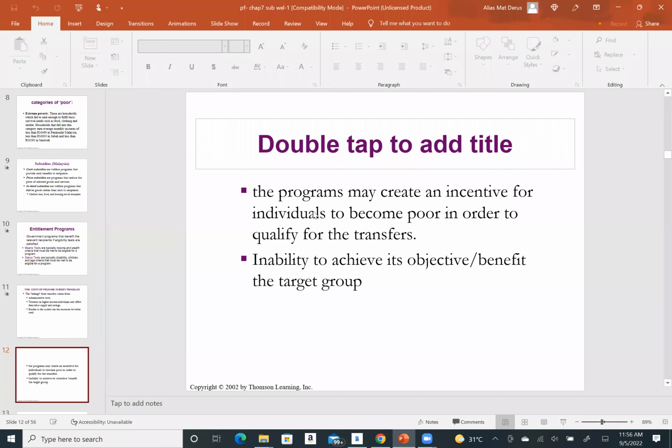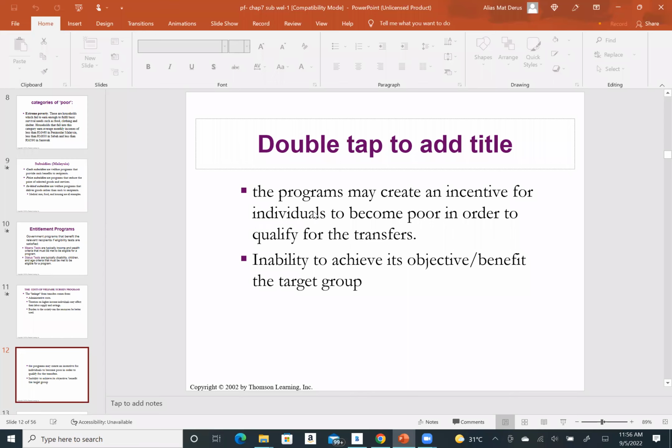This is more of the change in behavior. Incentive to change your behavior when you are the recipient of a certain type of subsidy. All right. For example, if you look at the first one, okay, you read the first one.